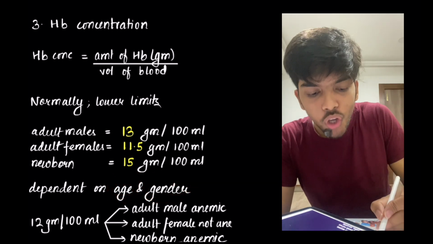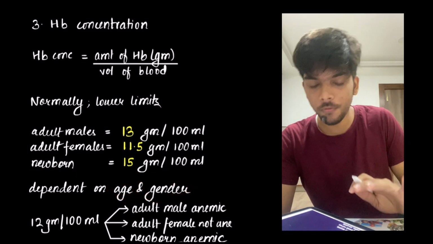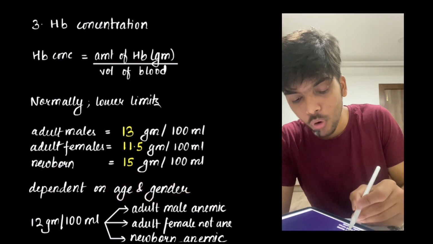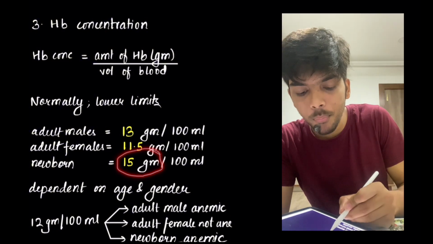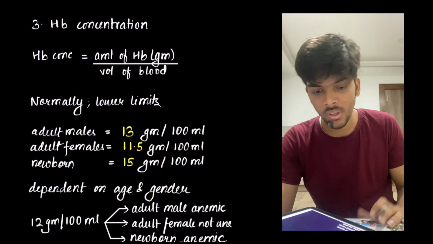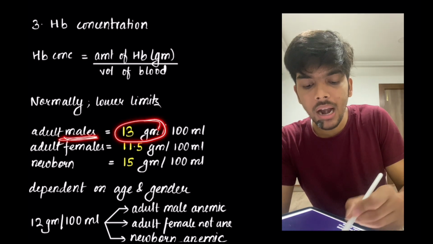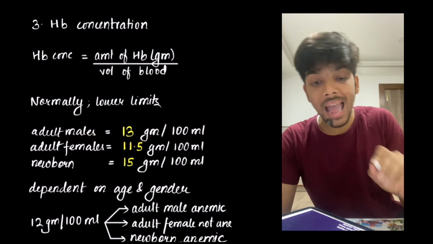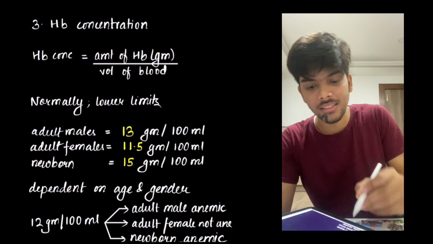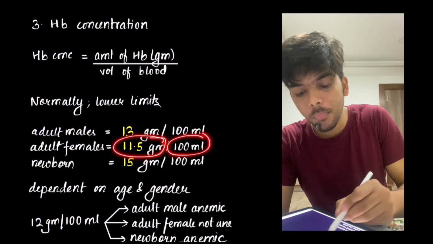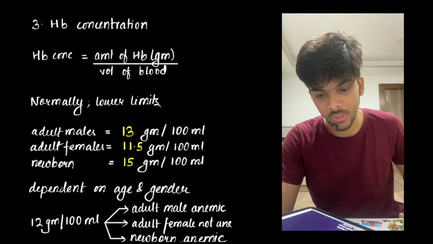In case of newborn, be it male or female, the concentration of hemoglobin is 15 gram per 100 ml of blood. However, in adult male, 13 gram per 100 milliliter of blood. Adult female, it is less, 11.5 gram per 100 milliliter of blood.